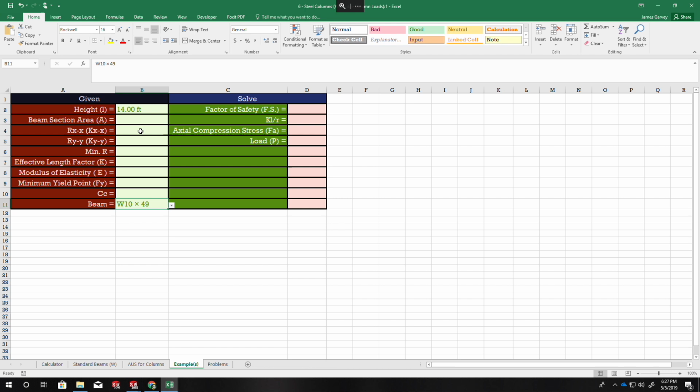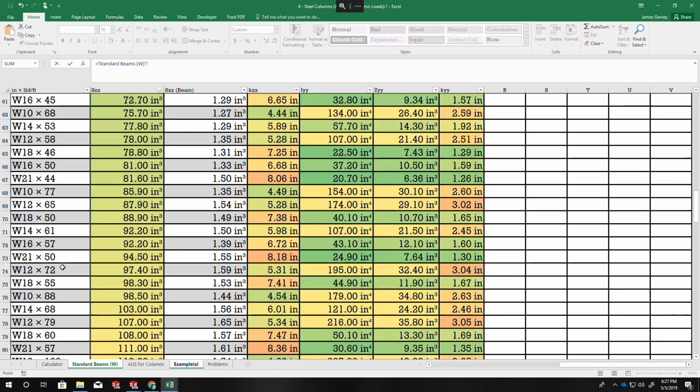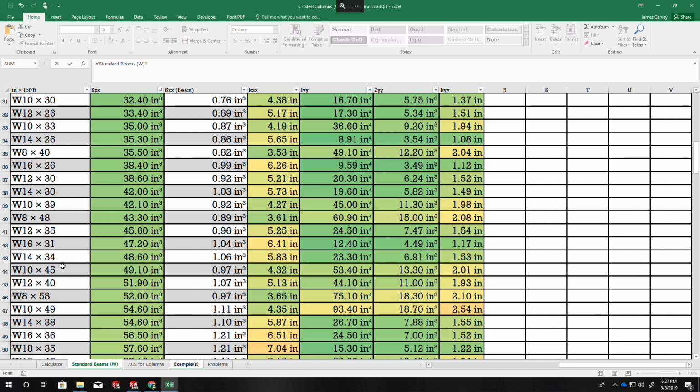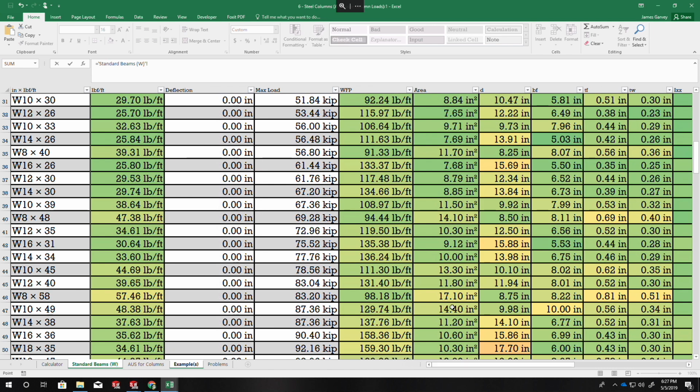There it is. We can find the area from the example or click over to our beams. W10 49. And there is our area right here.